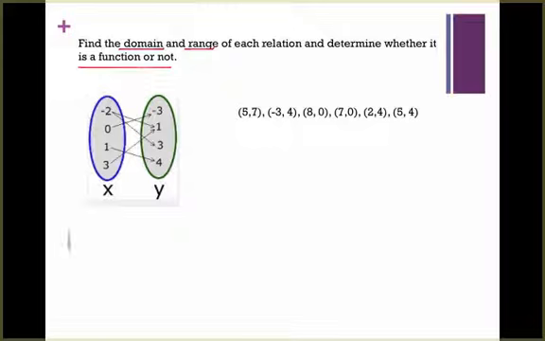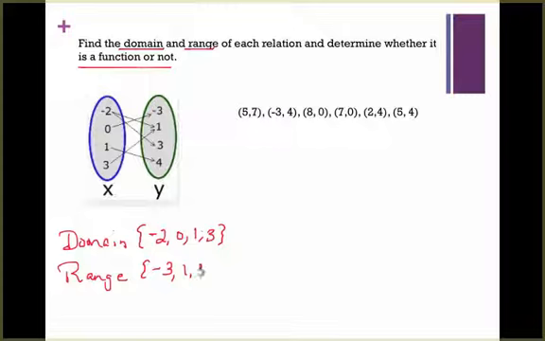So in our first example, let's look at our domain. So our domain is the set of numbers -2, 0, 1, and 3. And our range is our corresponding set of y numbers, which would be -3, 1, 3, and 4.